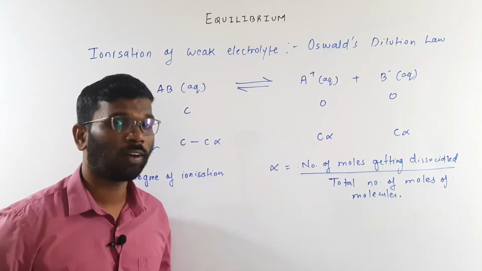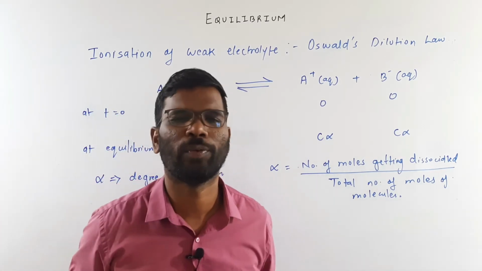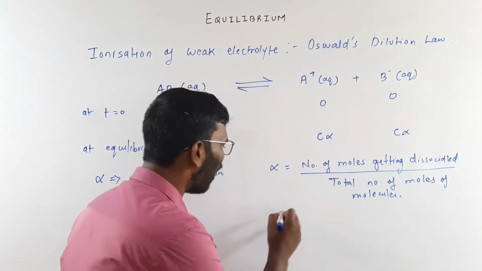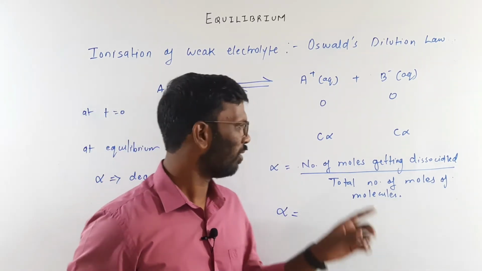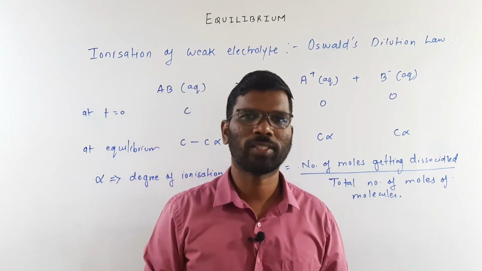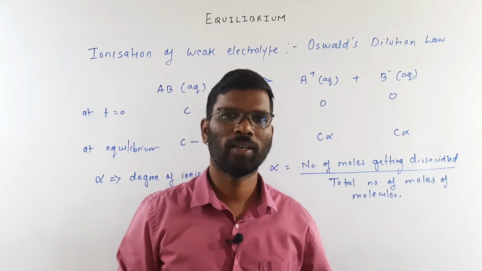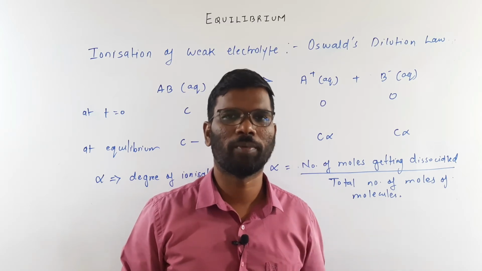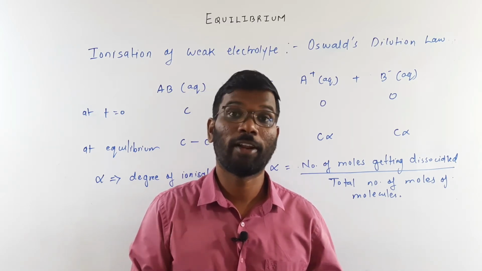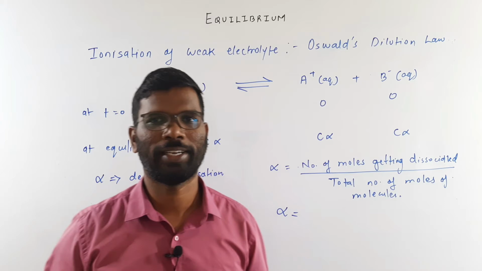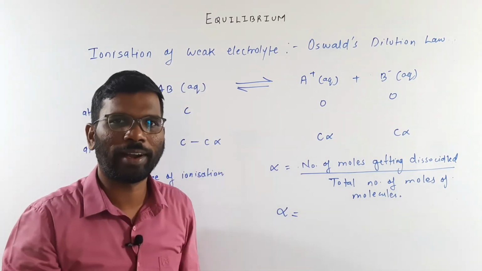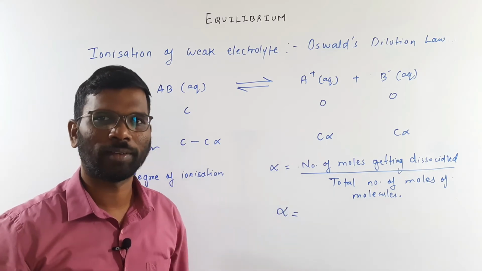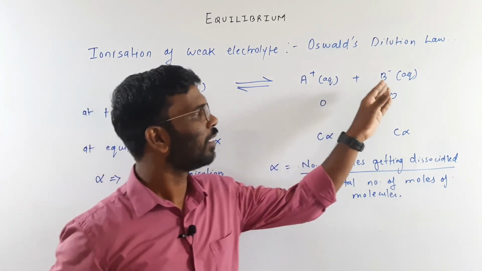Alpha is just a ratio, it doesn't have any unit. Let's say there are 100 molecules of acetic acid or 100 molecules of AB, and out of 100, just 10 are splitting into A plus and B minus.